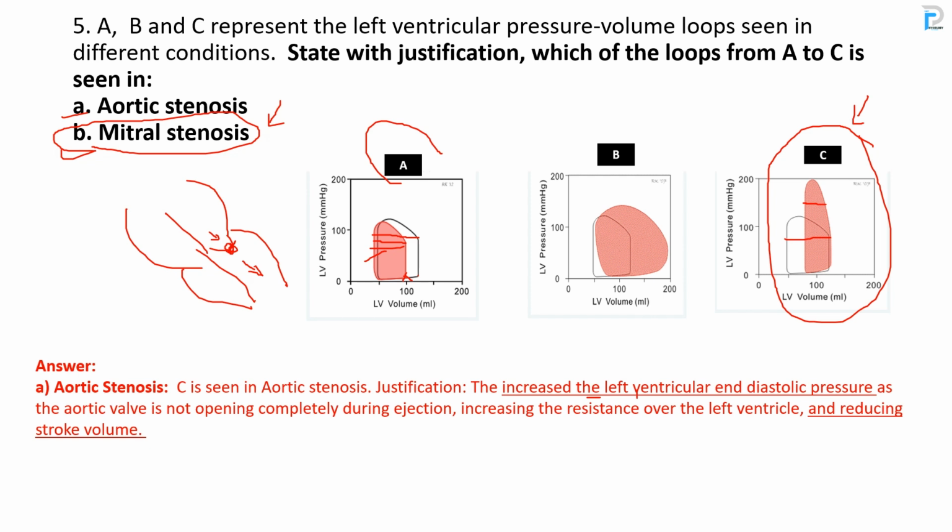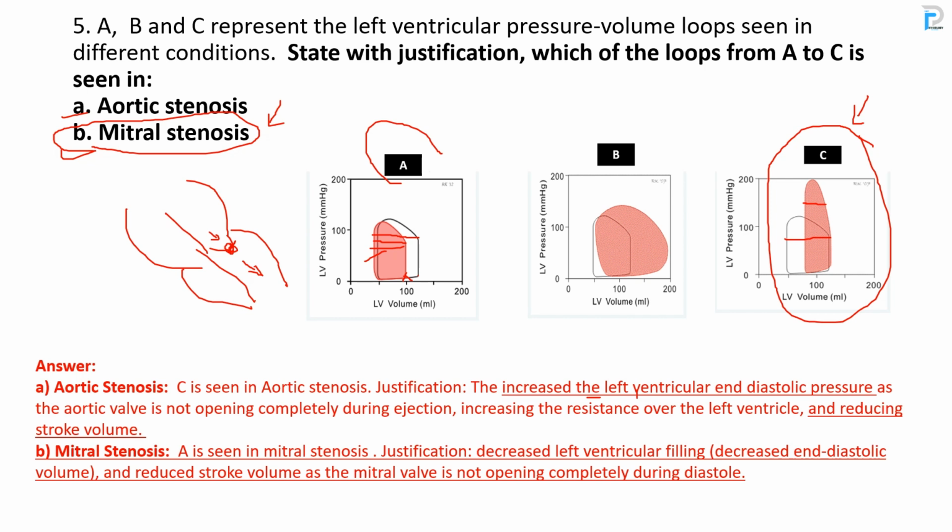Preload is the volume of blood in the ventricle before contraction, and a decrease in it will cause a decrease in stroke volume. So the decrease in preload causes the decrease in stroke volume in this condition.